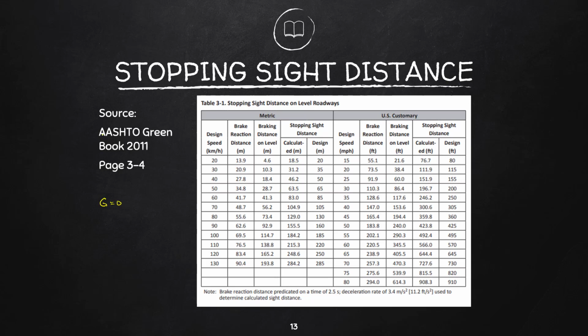From AASHTO, or the American Association of State Highway and Transportation Officials, we have the Green Book, or their standard. This is the 2011 edition. I think they already have the 2019 edition, but it's not yet available. I wasn't able to look for it.